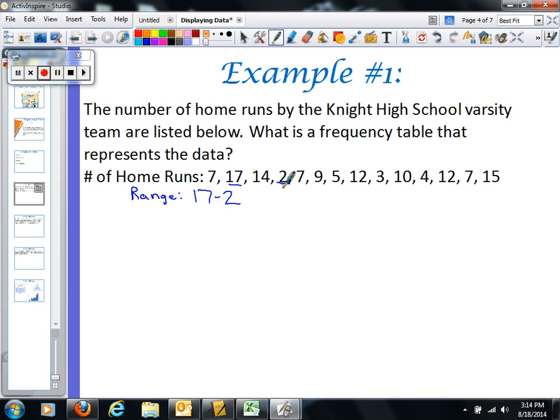Did I miss a number here? 7, 17, 14, 2, 7, 9, 5, 12, 3, 10, 4, 12, 7, 15. 1, 2, 3, 4. I think the reason why is because I'm missing some numbers in between. But basically, we have the possibility of 16 different outcomes.